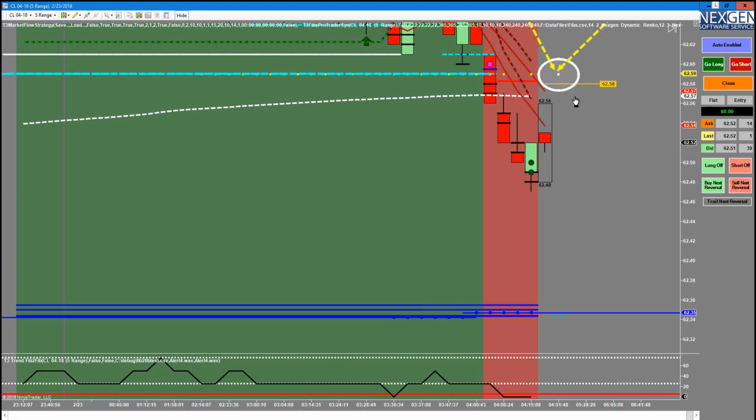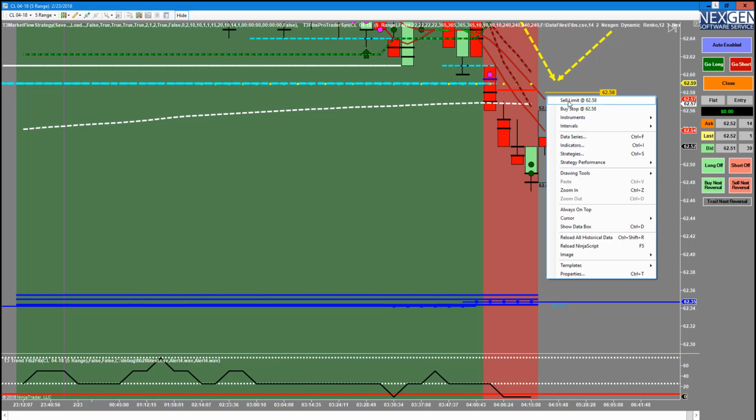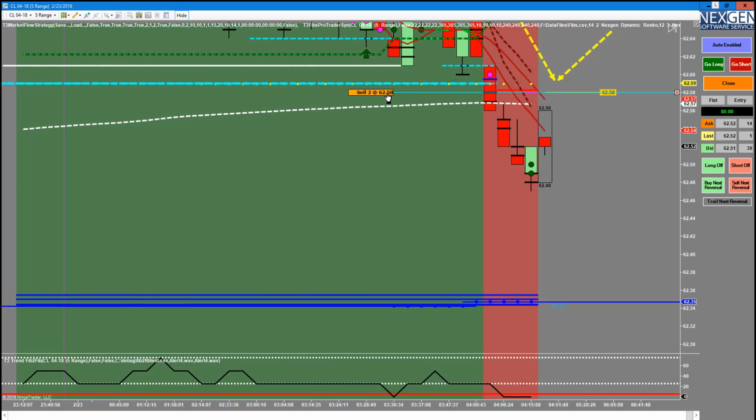There is a second option which is available to you. There's a certain situation where we may want to just place an order directly at the spot where we want to go short, or maybe a tick below it or so.